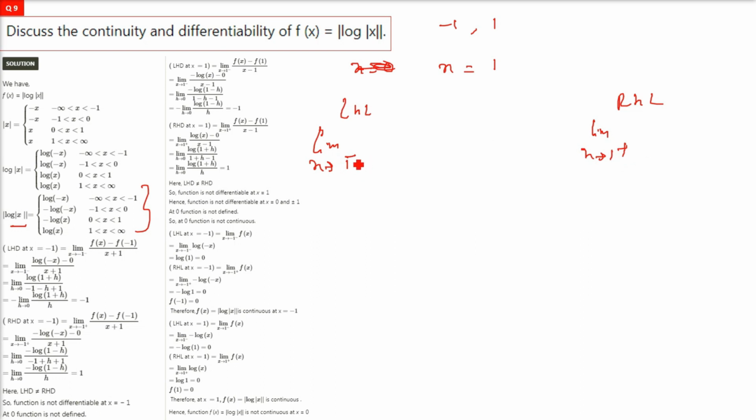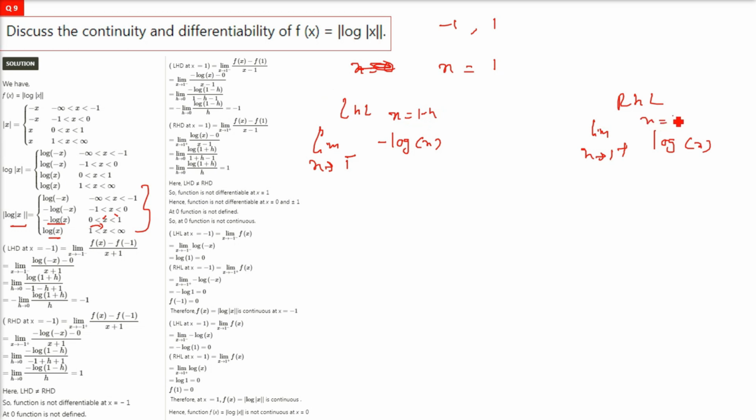Now what is the function? Left of 1, between minus 1 and 1, you are going to use minus log x. And 1 plus means 1 to infinity, here you are going to use log x. Now since x tends to 1, just apply x equals 1 wherever x is there.